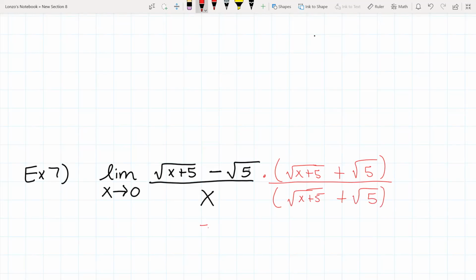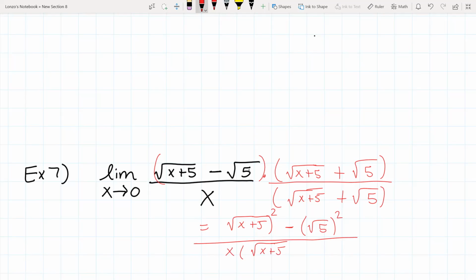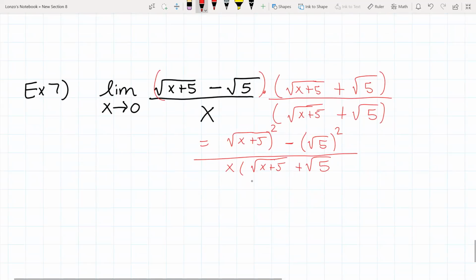On the numerator, it is a perfect square, so it's going to be radical x plus 5 squared minus radical 5 squared. And on the bottom, let's just leave it like that. Don't FOIL it out, because I feel like something will cancel. Okay, so let's clean this up. This would be the limit as x approaches 0.